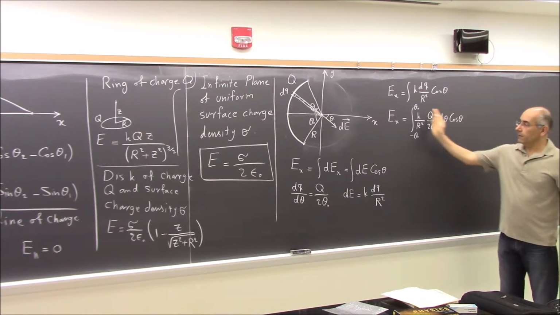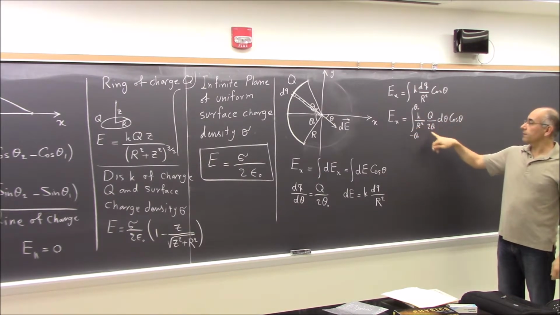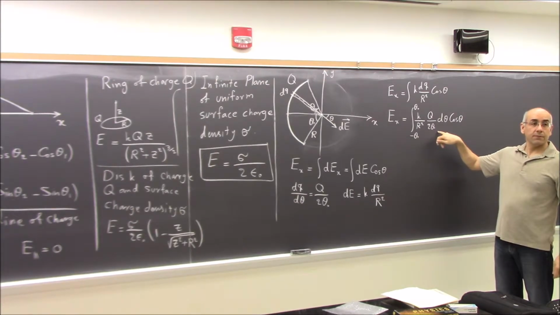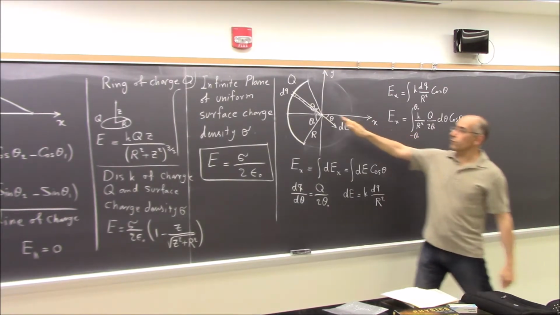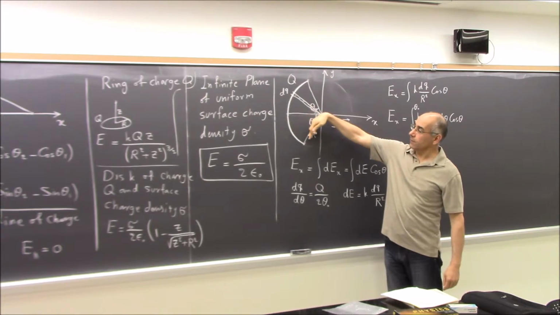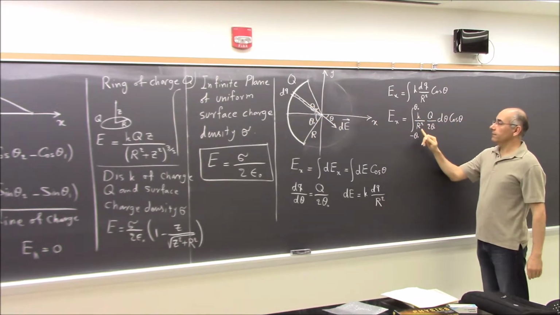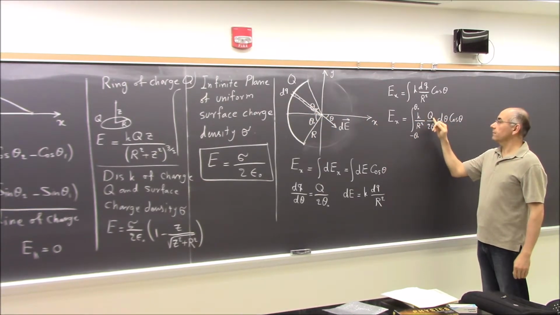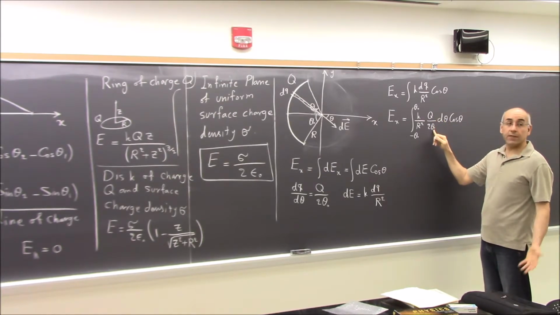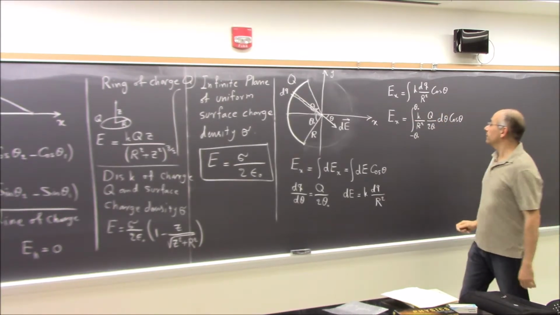And we need to take all the constants outside. What is constant with respect to theta, once you move this dq around, what changes? K stays the same, r stays the same, total charge stays the same, theta naught stays the same. So all of these come out.